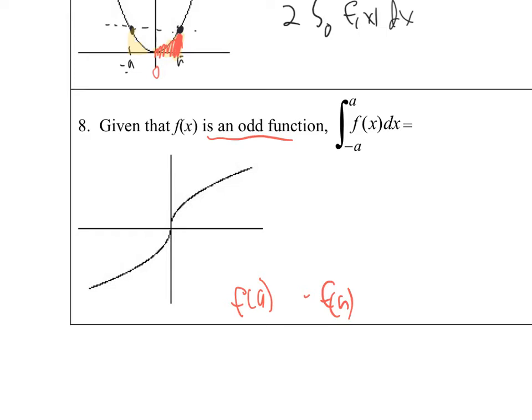What happens is f of a is f of a, but f of negative a is equal to negative f of a. Because what happens if this is a, there's my f of a. Take the opposite of a, and notice down here, negative f of a.